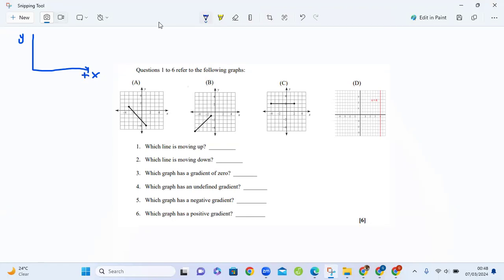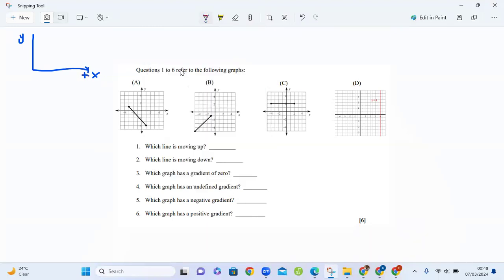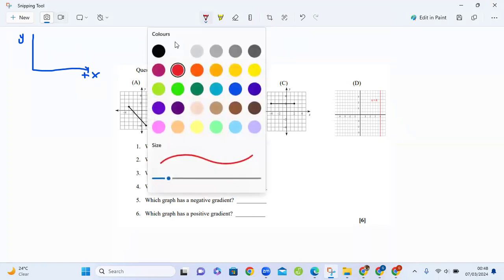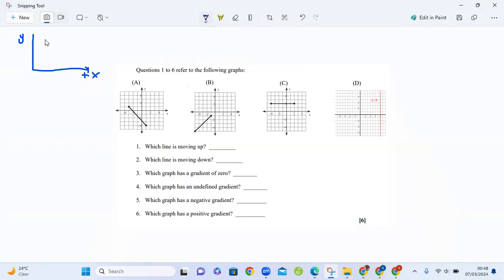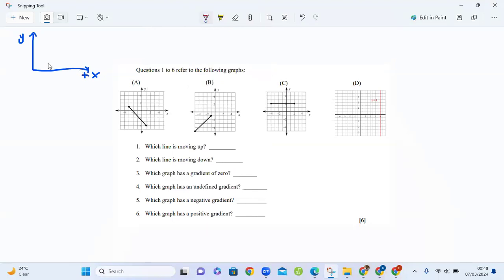The line that you see on the graph shows you the behavior of the y value. Okay, now the y, as we say, always increases in the upwards direction. Now, let's consider this line.